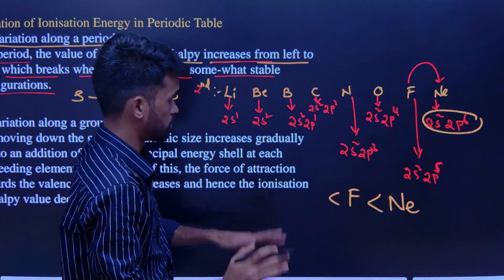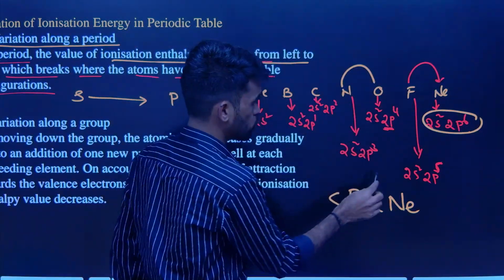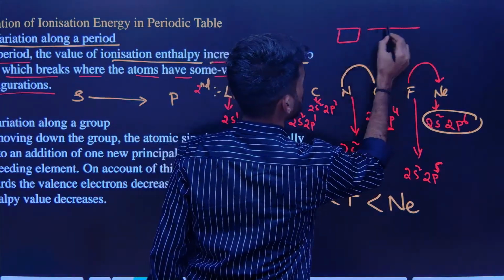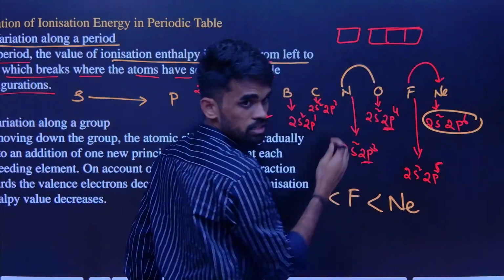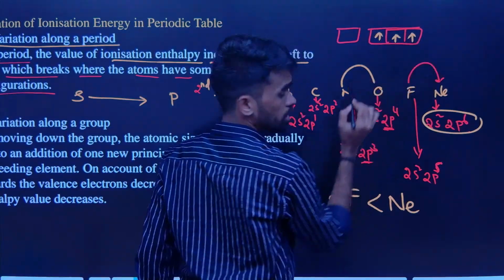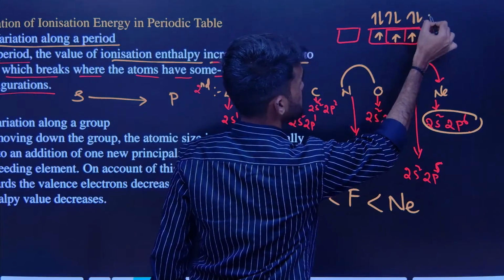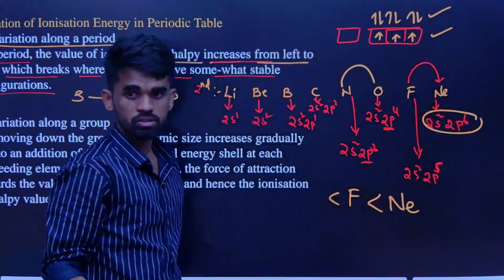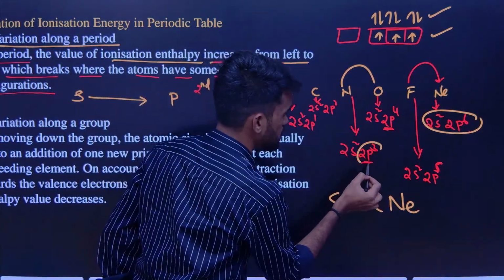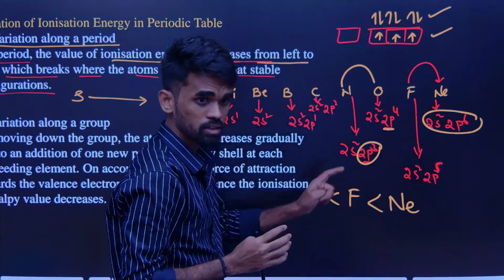Now look here, between these two things, here we have 2p4, 2p3. So now how many p orbitals are there? The s orbital is 1, p orbitals are 3 like this. So wherever you are seeing a half filled configuration like this in p or a fully filled configuration like this, either it should have 6 or it should have 3, they are considered to be stable. Now see here how many electrons are there? 3, and here 4, which is having half filled, nitrogen.